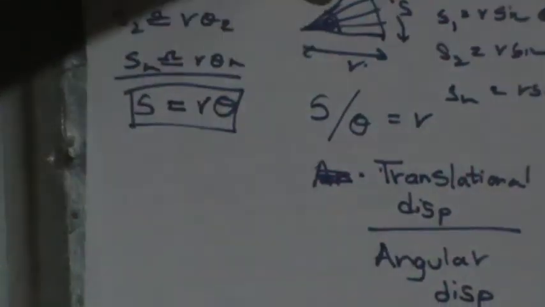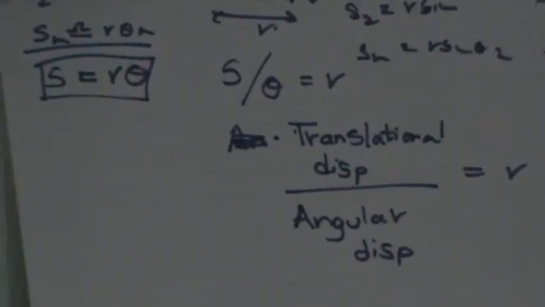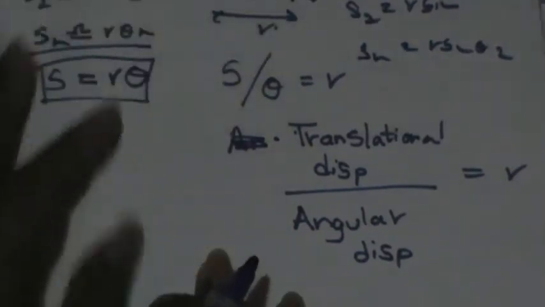We normally call it just displacement, but to distinguish, I will call it translational. Translational displacement divided by angular displacement is equal to R.